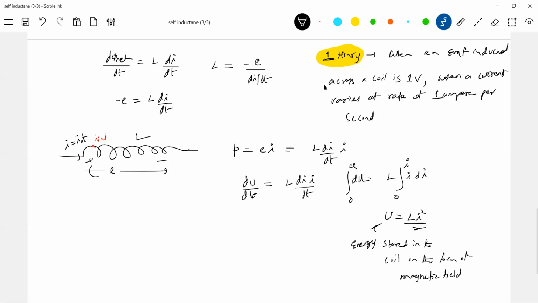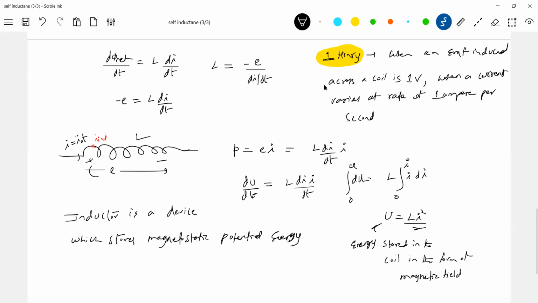It's a device which will store electrostatic potential energy. Here it is magnetostatic potential energy. So basically, an inductor is a device which stores magnetostatic potential energy. It all depends upon how much current is flowing.